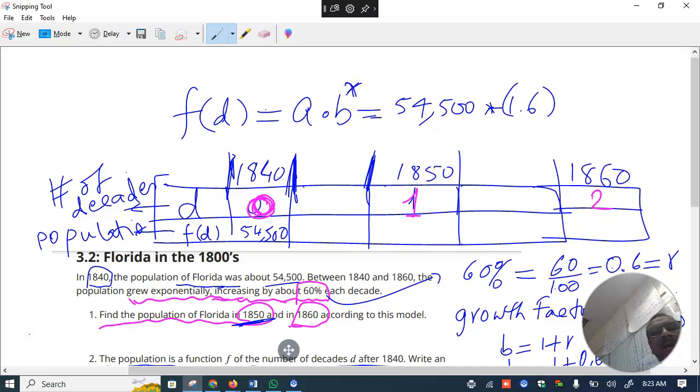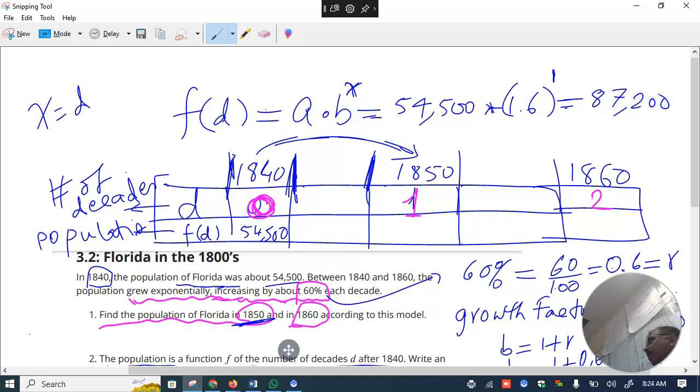Now, X here we are using as D, the number of decades. So 1840 to this piece is 1 decade, so you need to put 1 up here. Okay? And on your calculator, if you multiply these two, you end up getting 87,200. Did you get this? Thumbs up, who got this? 87,200.